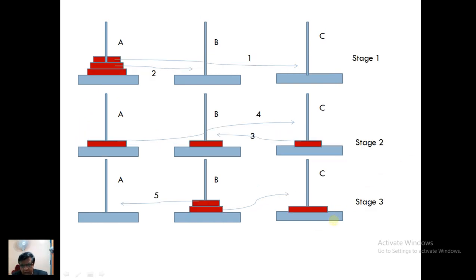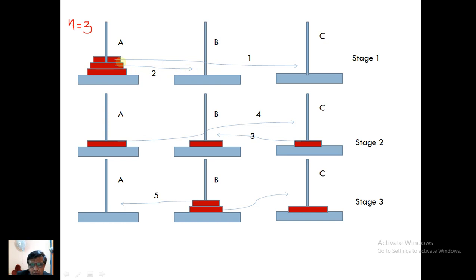Now we will make the problem a little more complicated by considering n equal to 3 disks. So let us see how to move. This disk can be moved over here, this disk can be moved over here, so that involves 2 movements.